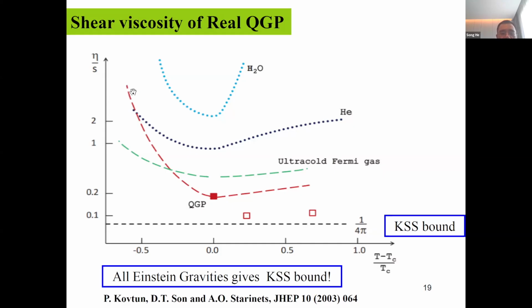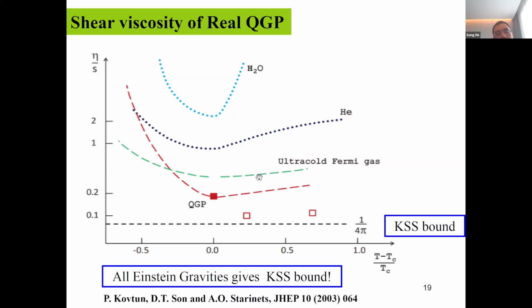But the realistic QCD system and the QGP has a highly non-trivial non-monotonic behavior. For example, eta over s decreases with respect to the temperature and increases with temperature after the phase transition point. And the KSS bound is not enough to describe this.